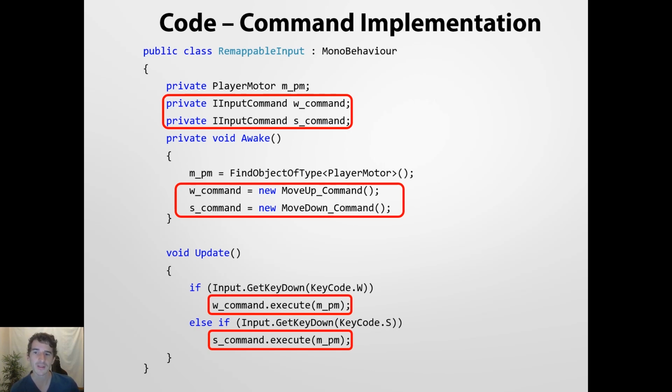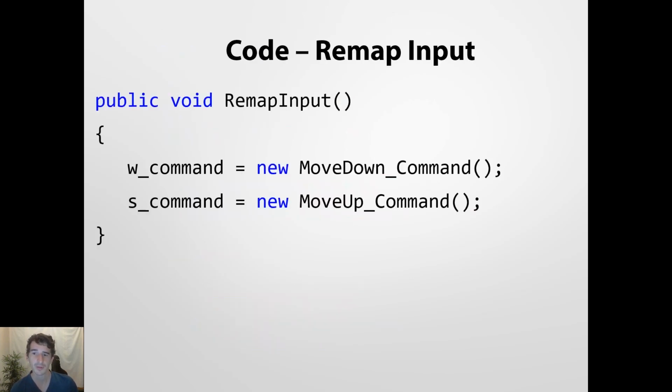So you can easily remap W command and S command to be the opposite. For example, if you just do this, W command equals move down, you just switch if you move up or move down. And that's the real benefit from using the command design pattern for input controls.